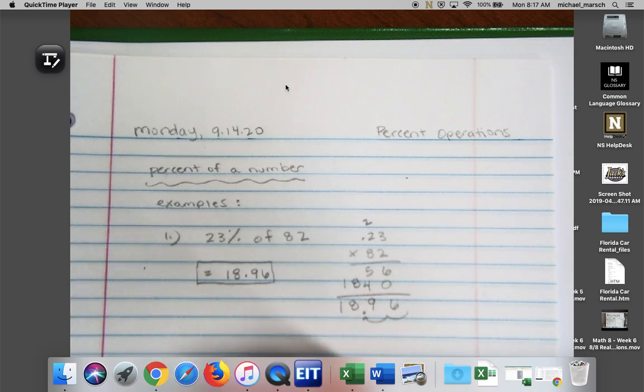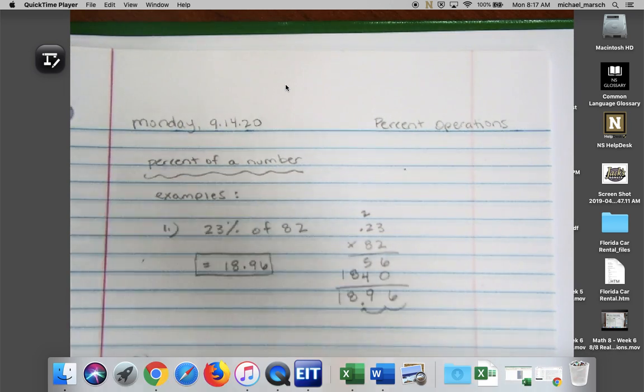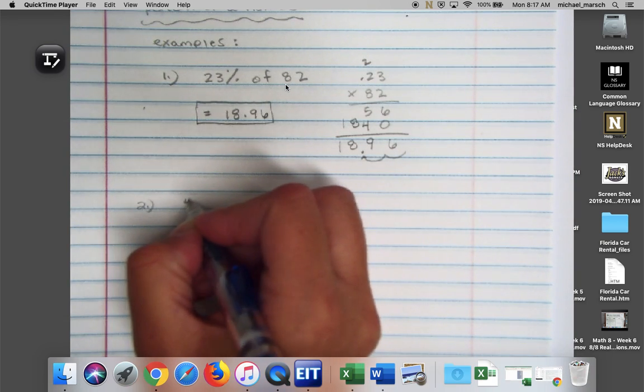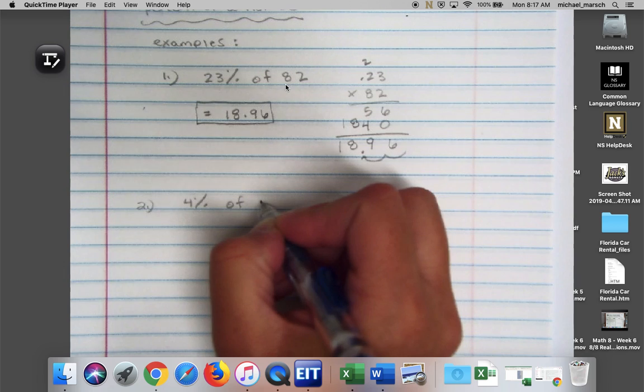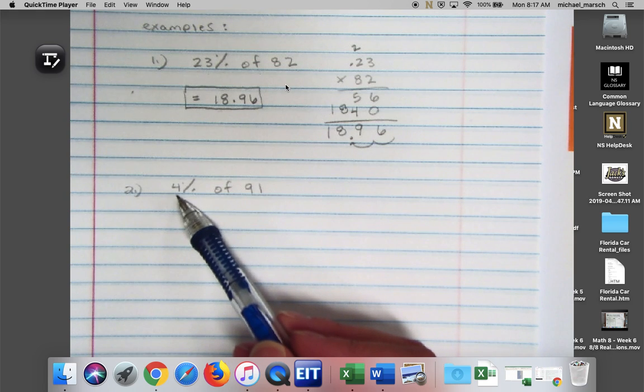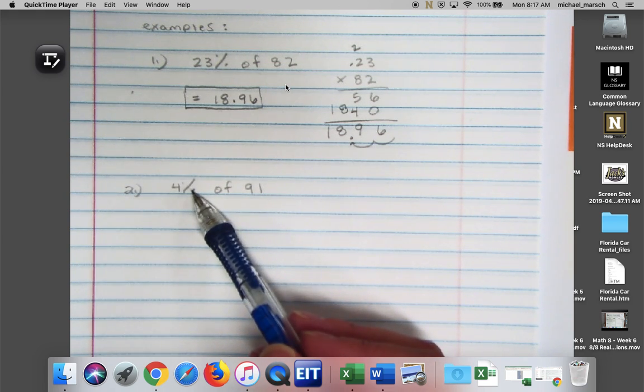Okay, so let's do one more for good measure. We're going to find 4% of 91. So this is where it gets a little tricky, because how does 4% get written as a decimal, right?